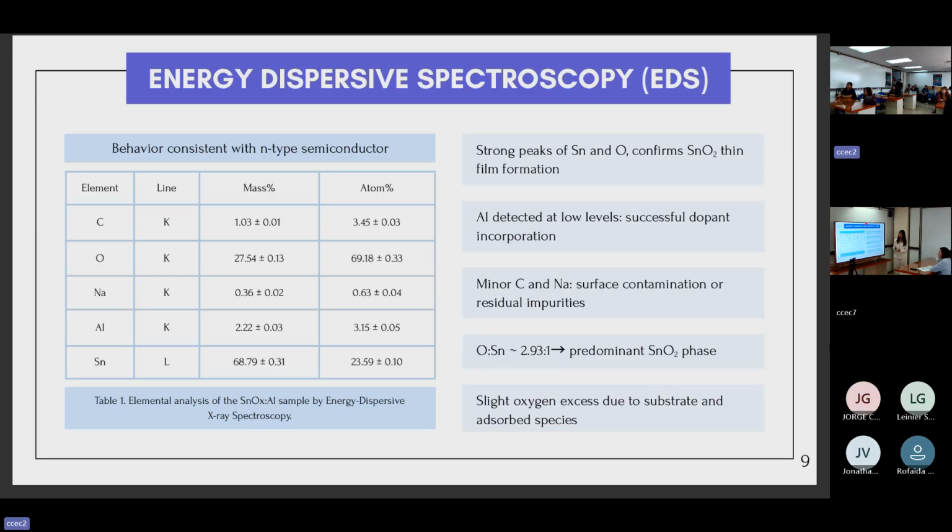But we also detect a minor amount of carbon and of sodium, maybe because of contamination or residual impurities. Also, there is an oxygen excess due to the substrate and adsorbed species.